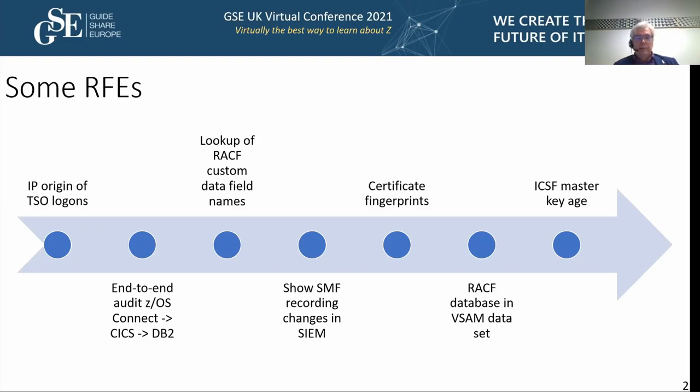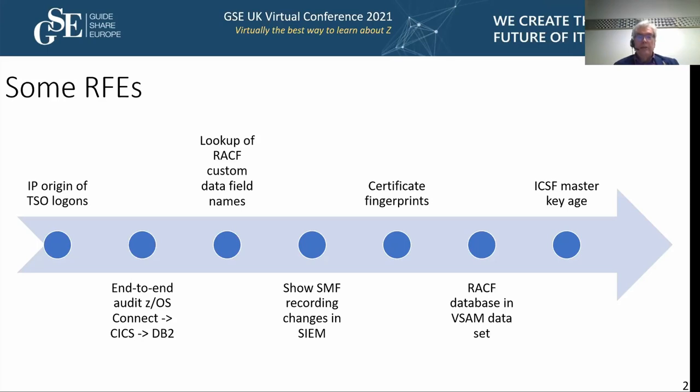So we built support for that to report these records together through the unit of work ID and the tracking token. And there were also updates to CICS and DB2 and to z/OS Connect required to achieve that. And after they had done their work, we could finally tie it together.